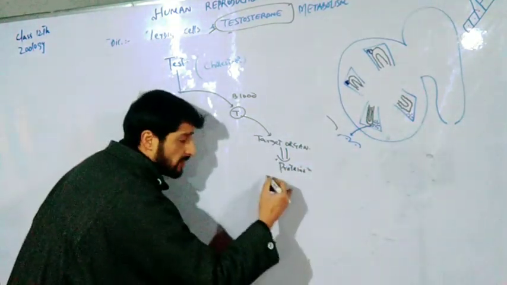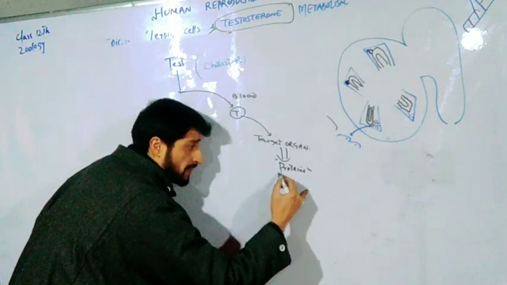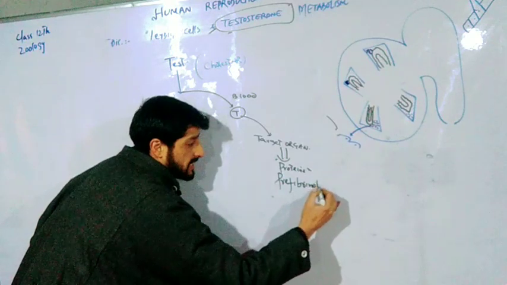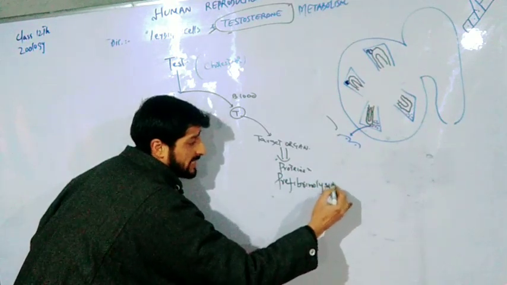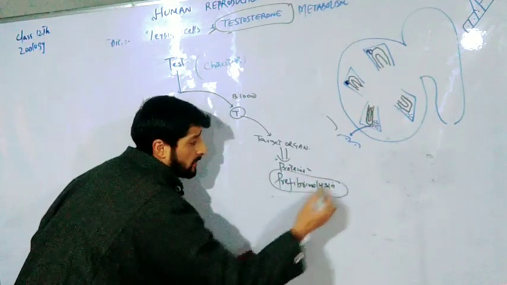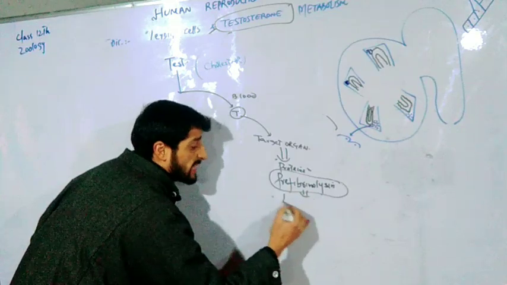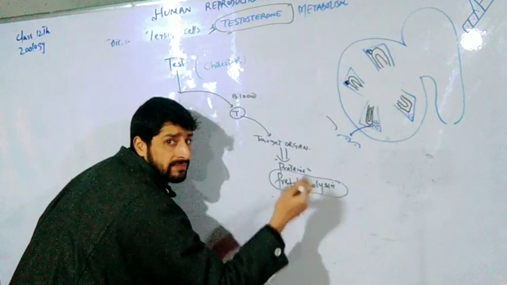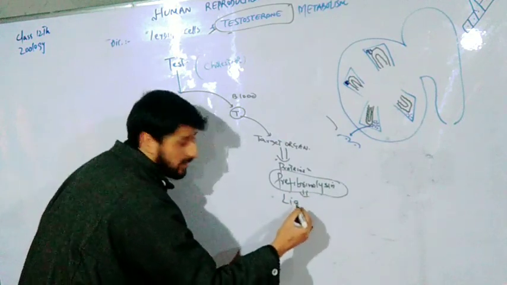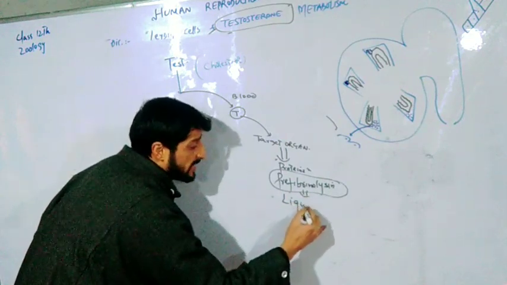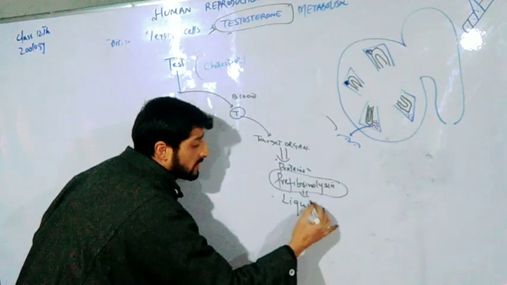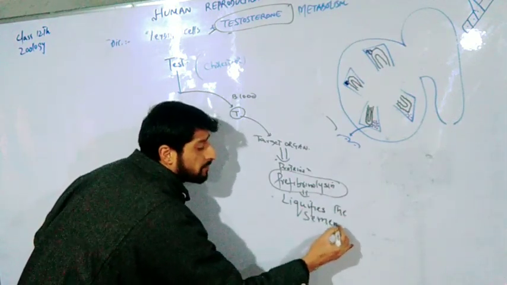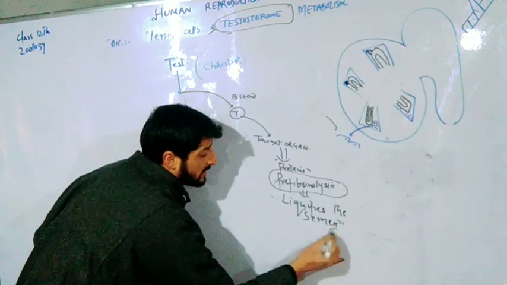One protein formed is called prefibrinolysin. It is this prefibrinolysin that liquefies the semen. It acts as an enzyme. What is semen? That will be discussed in later classes.